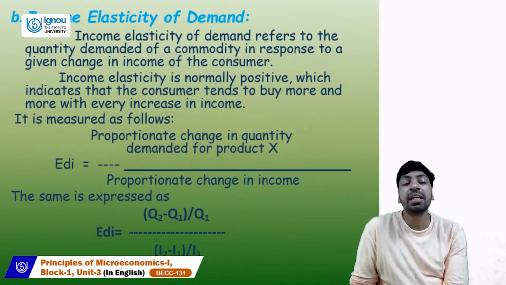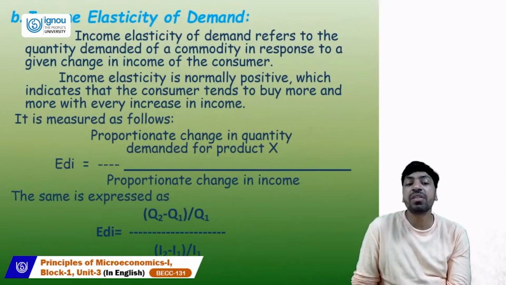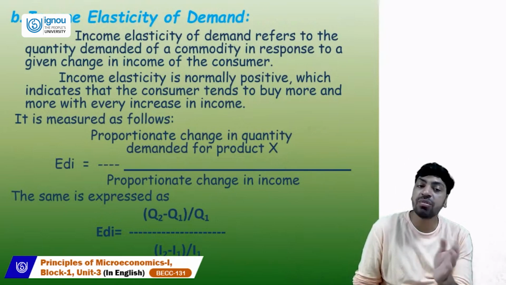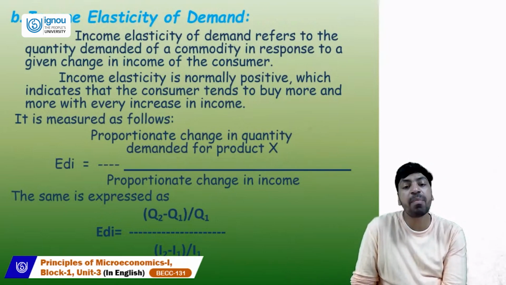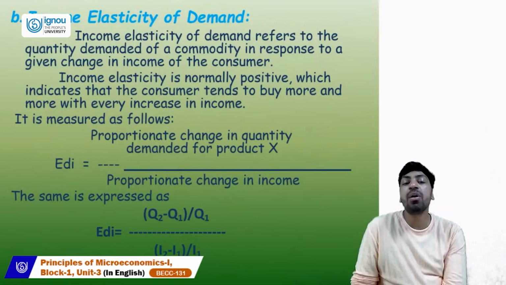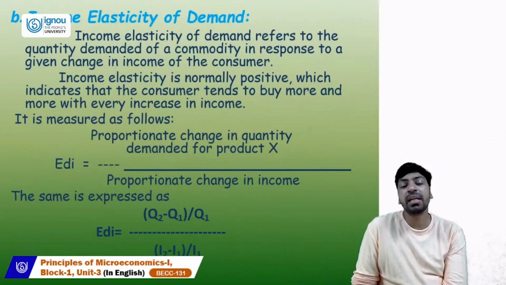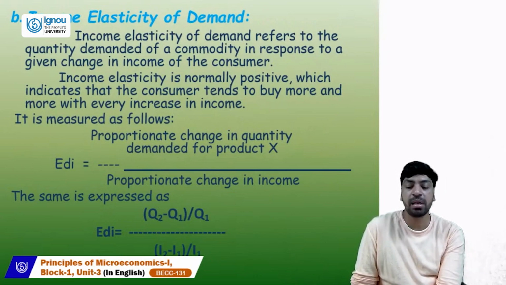In another way, it could be measured as the difference between the quantity demanded of the next unit and the last unit, by the quantity demanded of the last unit, over the difference of income by income of the last unit.